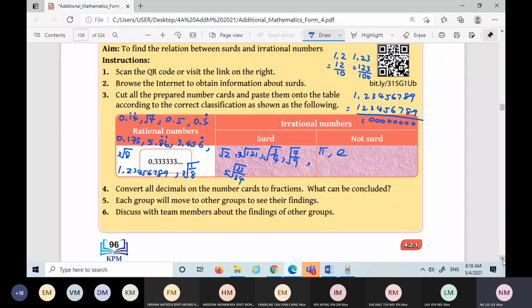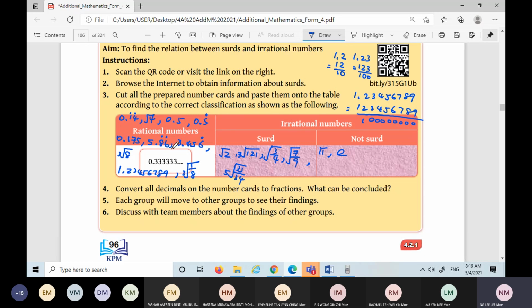So maybe you are asking, how about all these recurring decimals, the repeated decimals, how to change them into fractions? Because we know that a rational number can be written as a fraction with a and b integers.